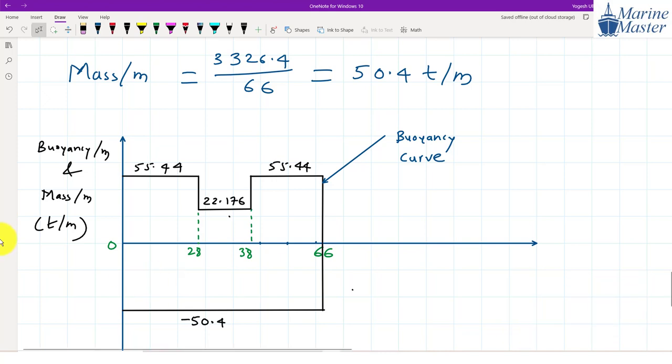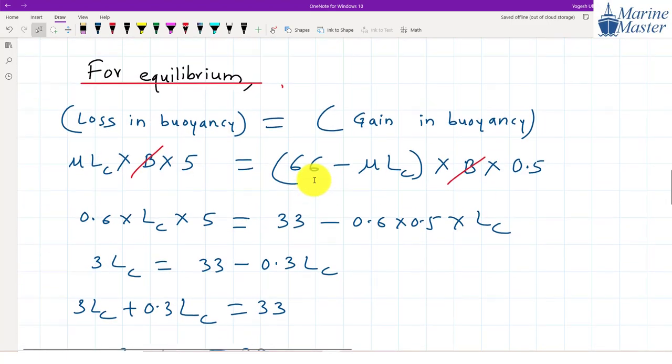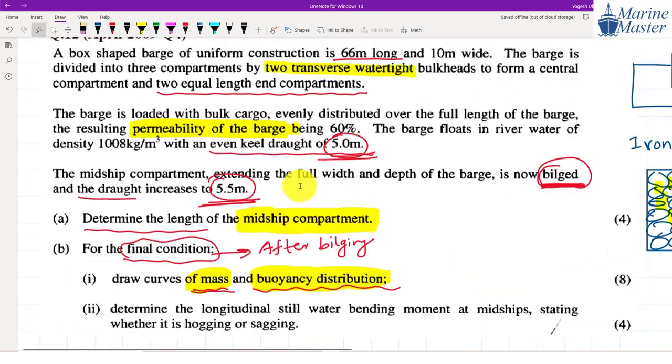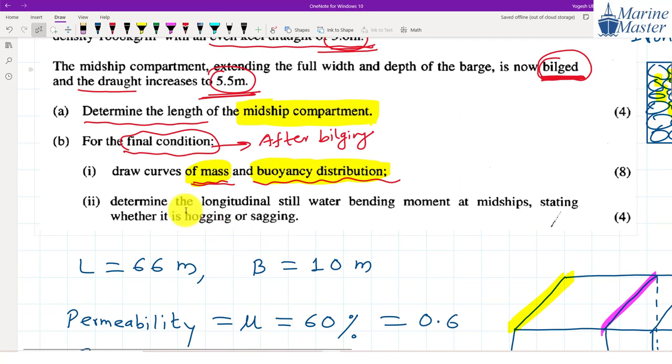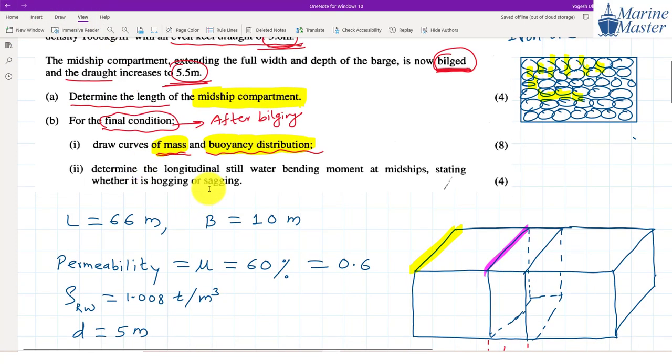Okay, completed up to this point, guys? Good. Now the next interesting task, guys: the second part. What they are asking us is to determine the longitudinal still water bending moment at midship, stating whether it is hogging or sagging.